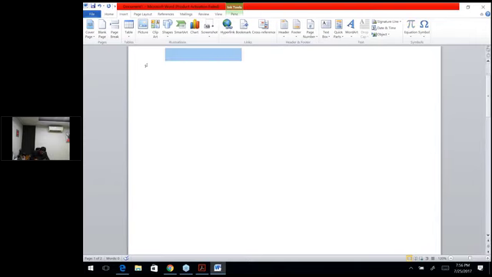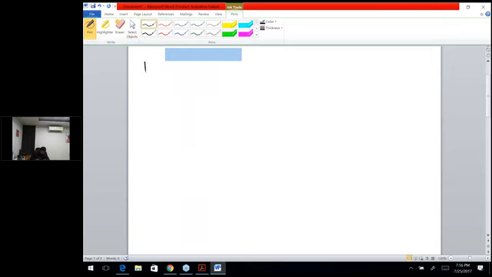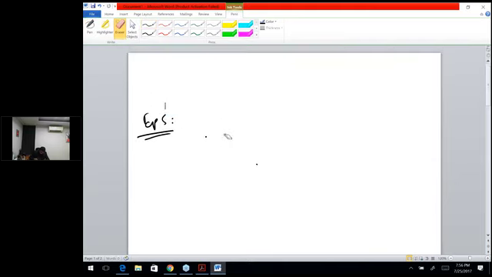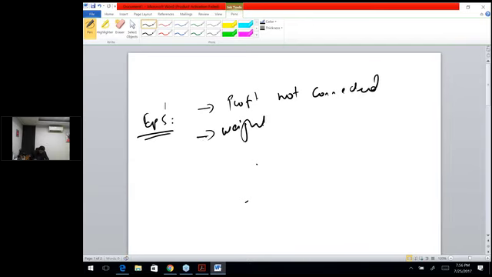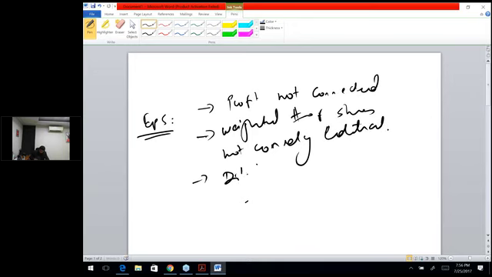So when we talk about EPS, one of the things is that the profit is not corrected, because over here we could see that he has used the incorrect profit. Then the weighted average number of shares not correctly calculated, diluted EPS not disclosed.